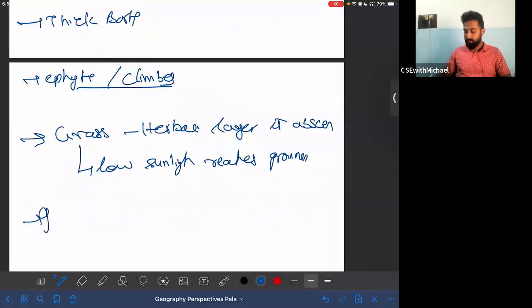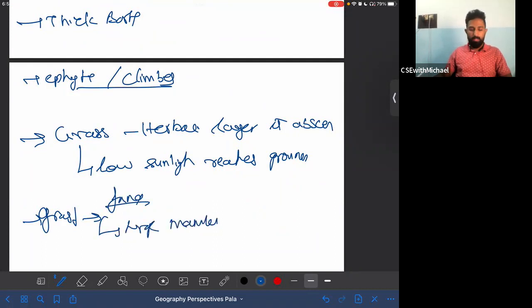So if you come to fauna, large mammals would be absent. Large grazing animals are generally not found in this region because grass is not there.